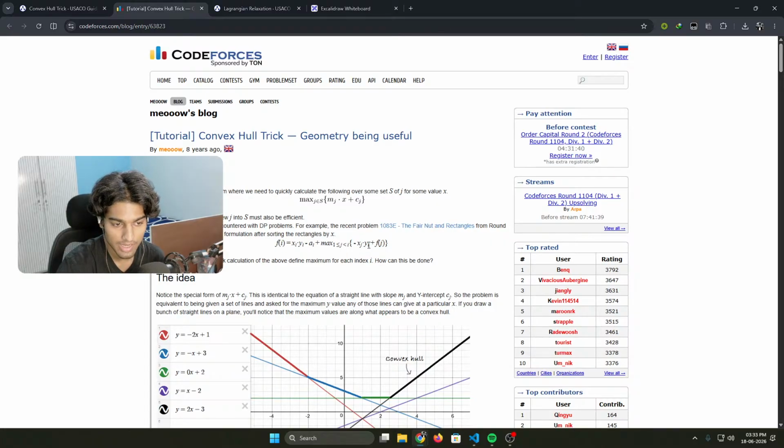The slope is going to be this one, negative y i, because this x is changing. Wait, am I right? I think I'm wrong.